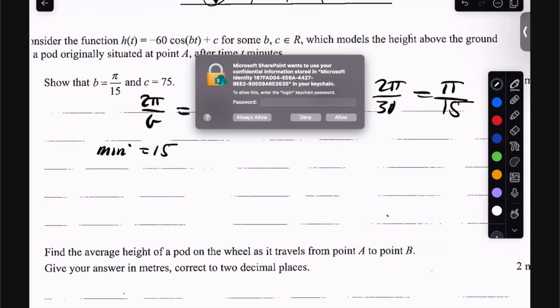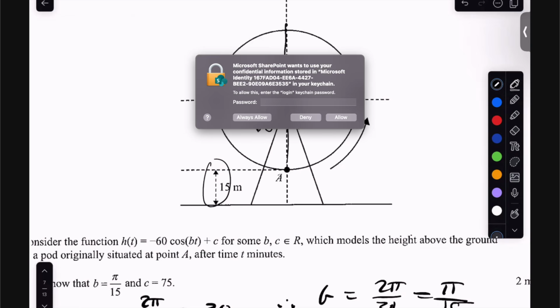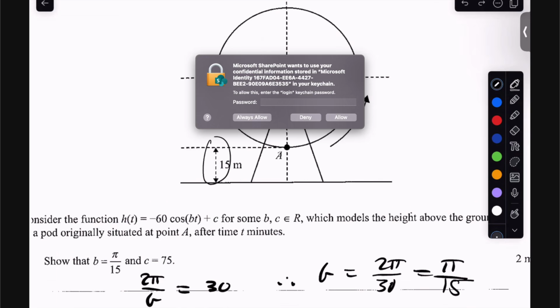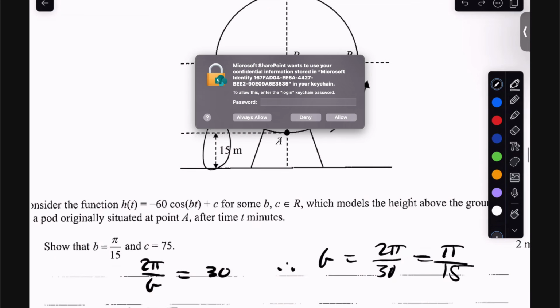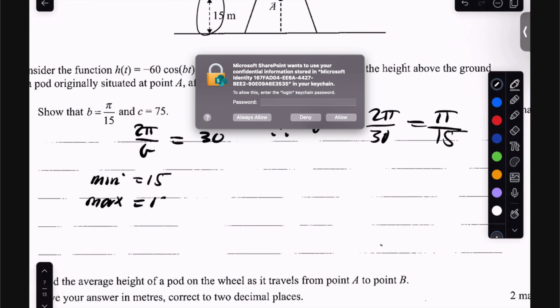And the max is going to be 15 plus the diameter, or 120, so 135. So we've got the amplitude is 60, and we just need to see what it's moved up.